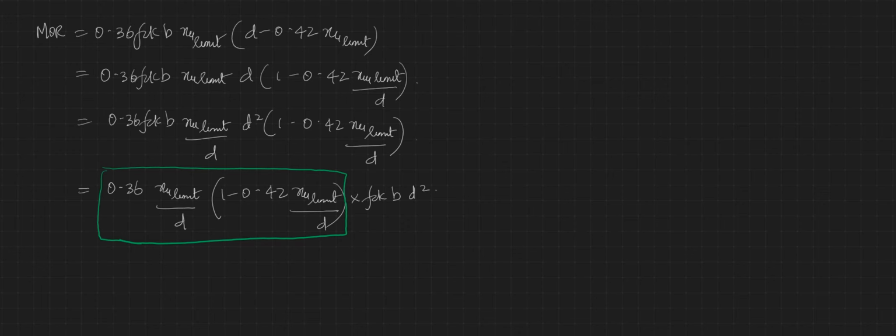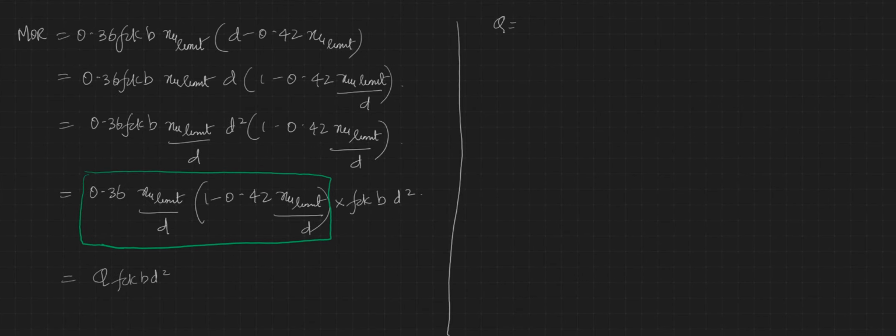I'll denote this constant as capital Q into fck b D square, where Q is equal to 0.36 XU limit by D into 1 minus 0.42 XU limit by D.